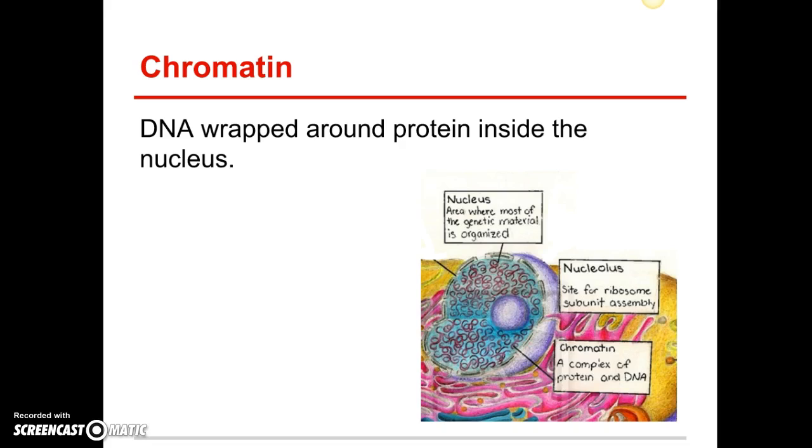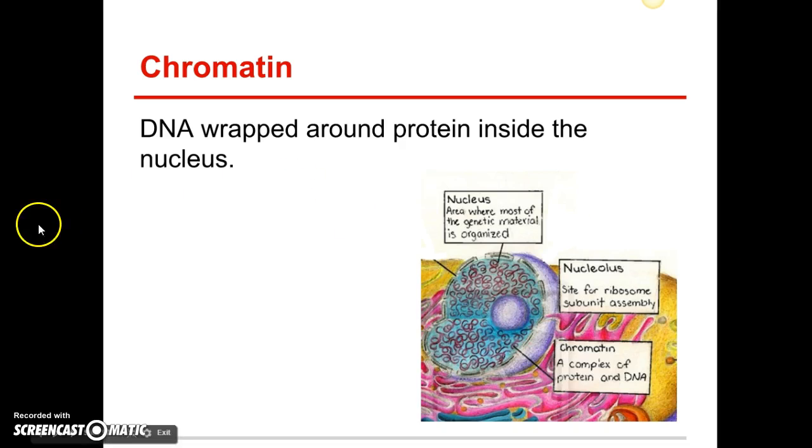If you had a roll of toilet paper that had a whole bunch of information written on it in like 5-point font, and then it's all wrapped up into this really, really tight little ball, that's kind of what chromatin is. Chromatin is the actual toilet paper itself, wrapped all around. And we do that because it has to be a little teeny tiny package to fit inside the nucleus.